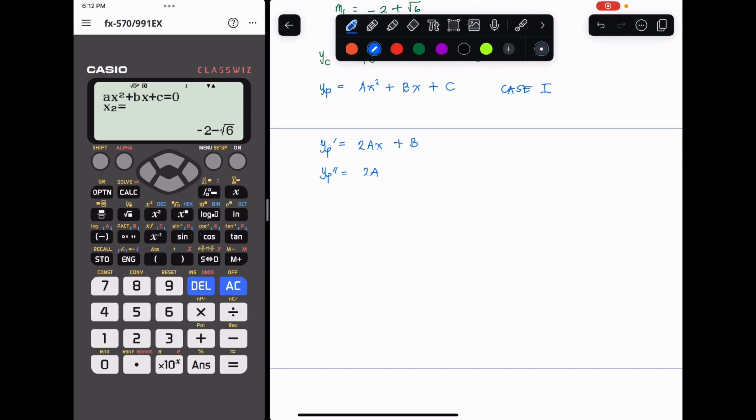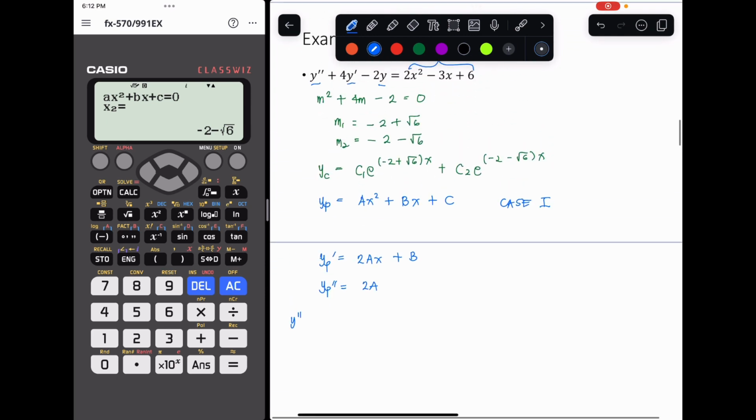original equation. So that is y double prime plus 4y prime minus 2y equals 2x squared minus 3x plus 6.